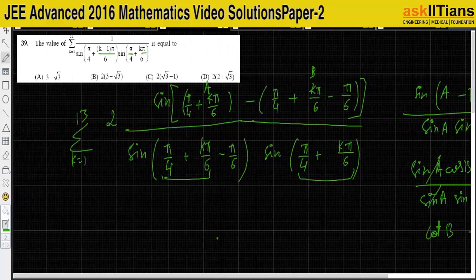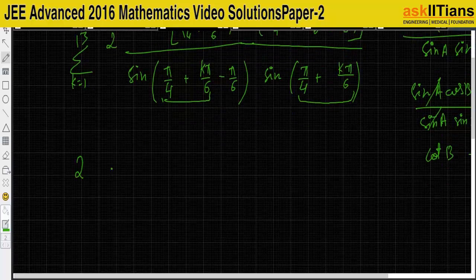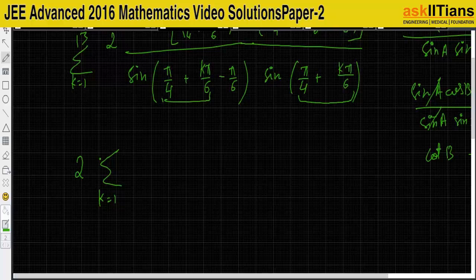Okay, so what is B and what is A? This is B and this is A, right? So here if I simplify this, I get 2 will come outside, k equal to 1 to 13, I'll get cot of B. What is B?